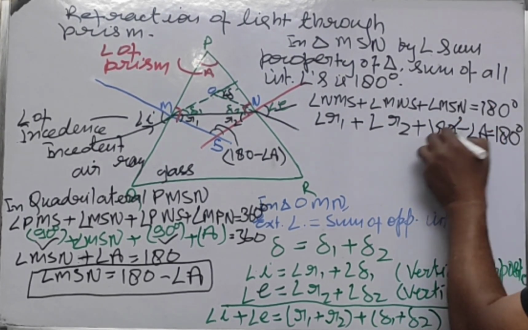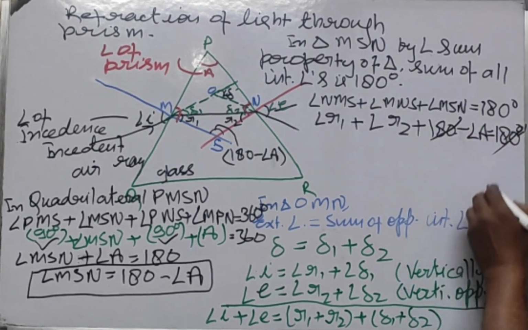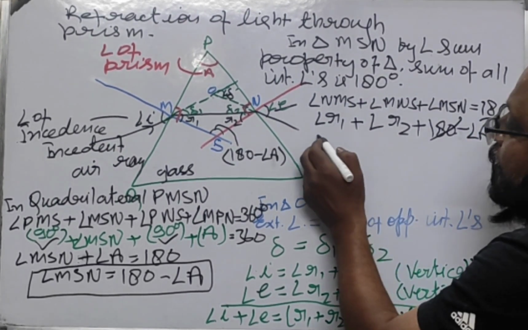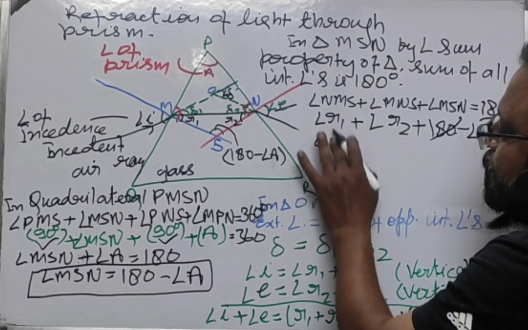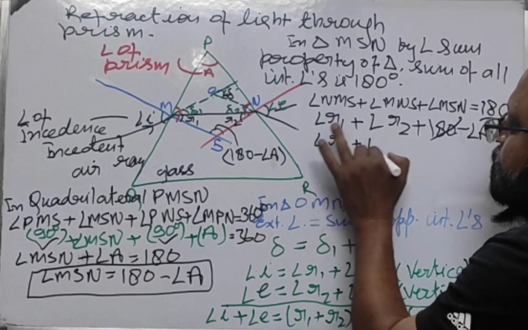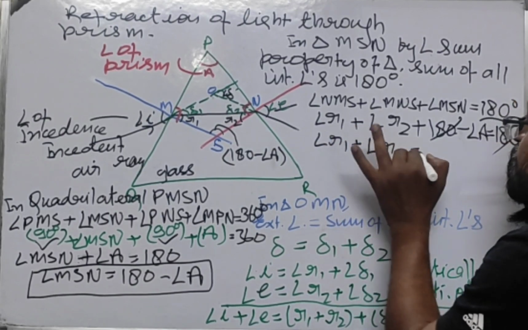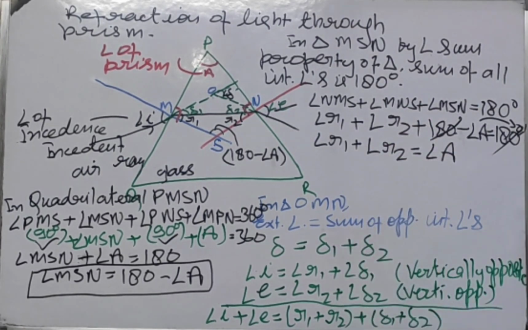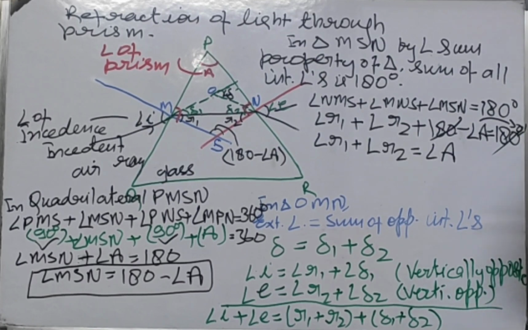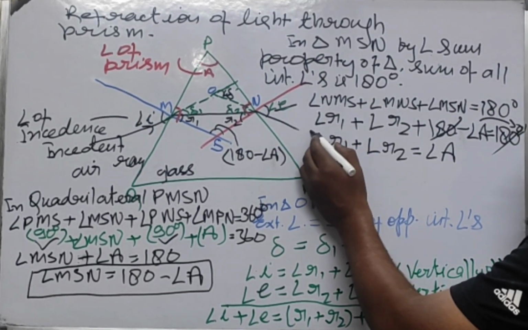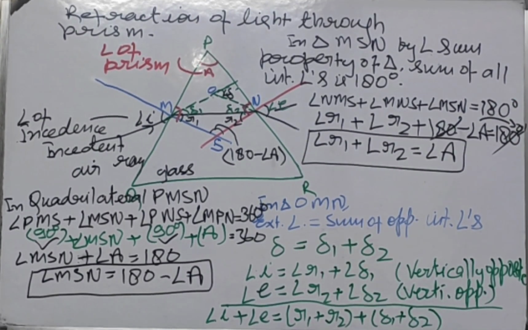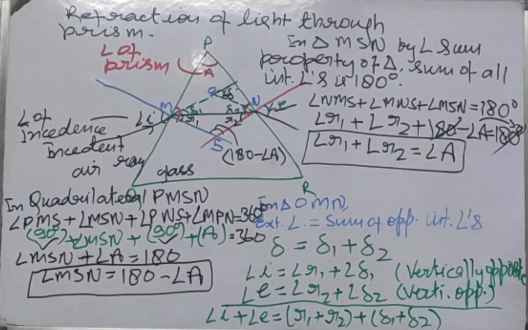So this 180 and 180 cancel out, right? And this A comes on the other side of equal. So now we have R1 plus R2 is equal to angle A. So it means angle of prism is equal to angle of refraction 1 plus angle of refraction 2. This is the angle of prism we have, right?